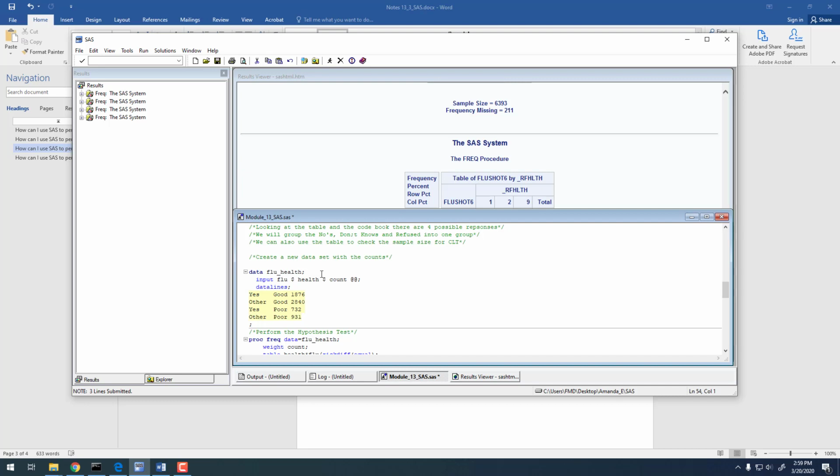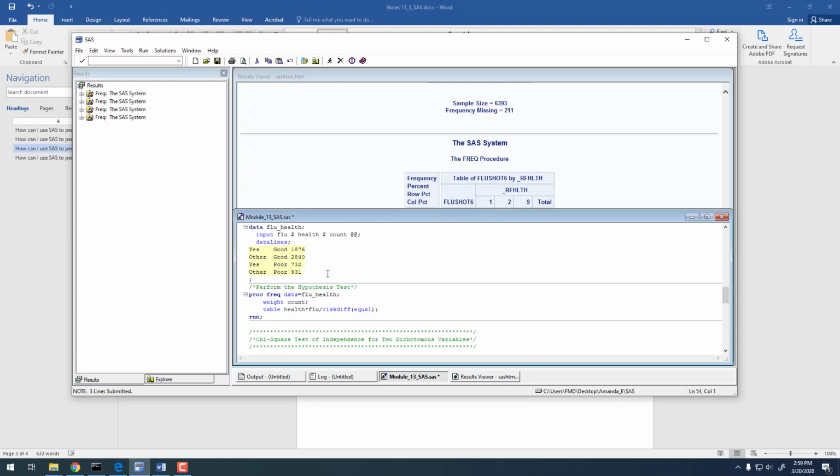And what I'm going to do in this case is I'm going to group the don't knows and the refusals and the no's into one group and compare those to the yeses. And so this is exactly what we did when we looked at the confidence intervals. So then to perform the hypothesis test, I run the same code as I did with the confidence intervals, except I'm going to add in this risk diff equal to. So let's run this.